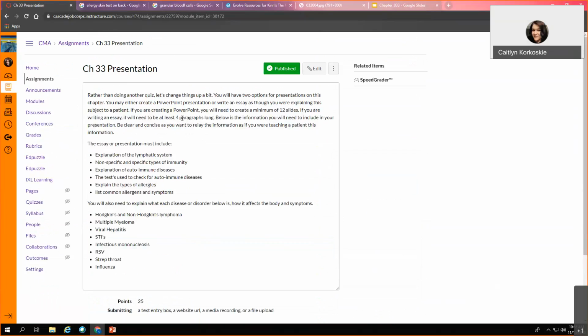When you click in there, it'll give you all the instructions. It'll say your essay or presentation needs to explain the lymphatic system, the types of immunity, and everything else it needs to include. Is that what you're talking about? Okay, yep, that is already posted in there for you. I just posted it like 5 minutes before I started the lesson. So you're good. All right, well, thank you, Tahila.